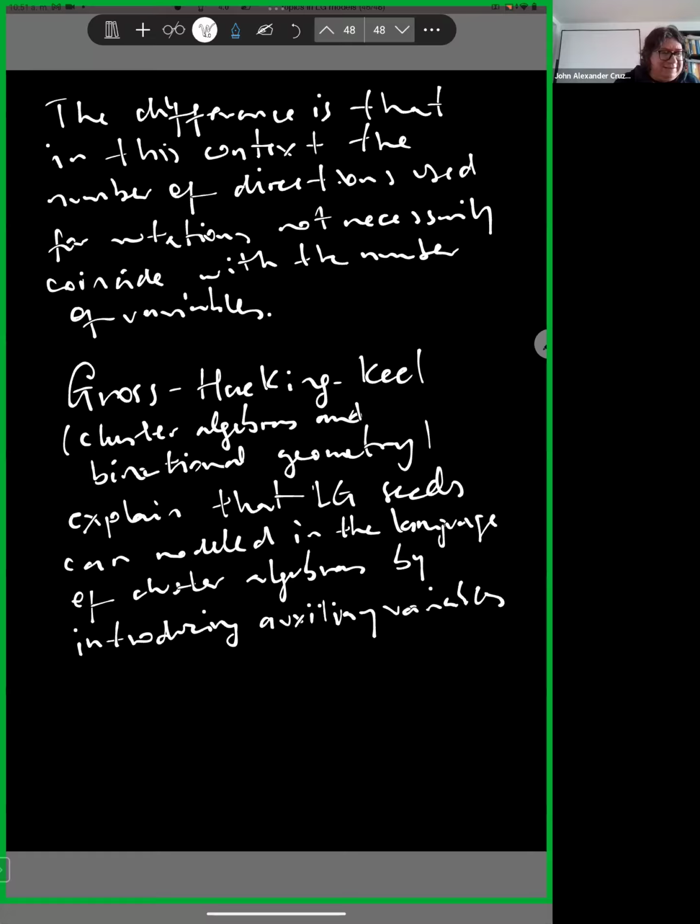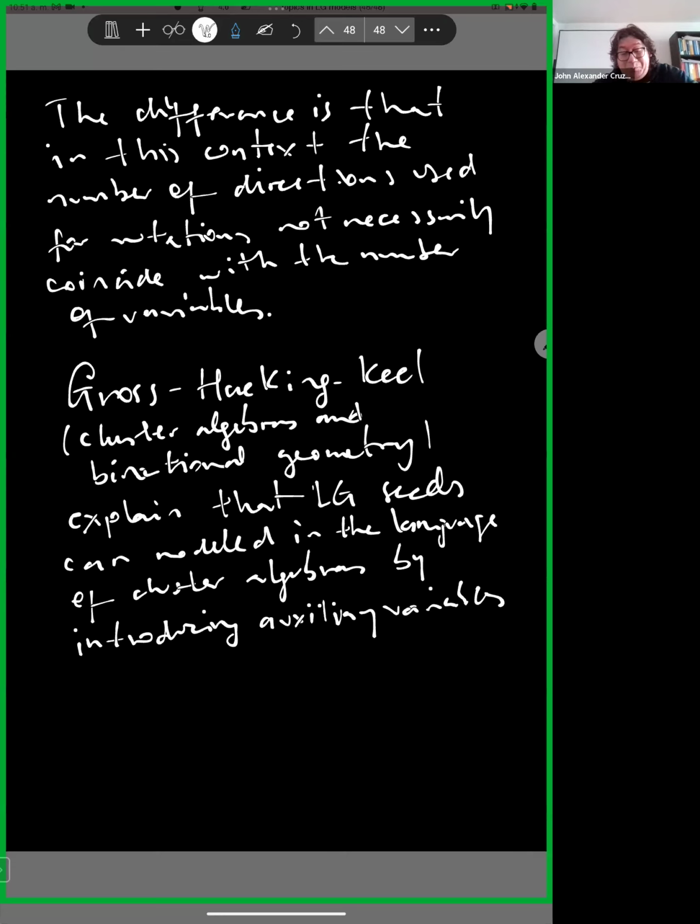This is somehow kind of folklore, but honestly, even if this is being recorded, I will say that for me it's not that clear. I don't actually see how they do this. I talk sometimes with Mark and he explains how to do it, but I don't understand very well how this addition of variables, these auxiliary variables, is possible in this context.